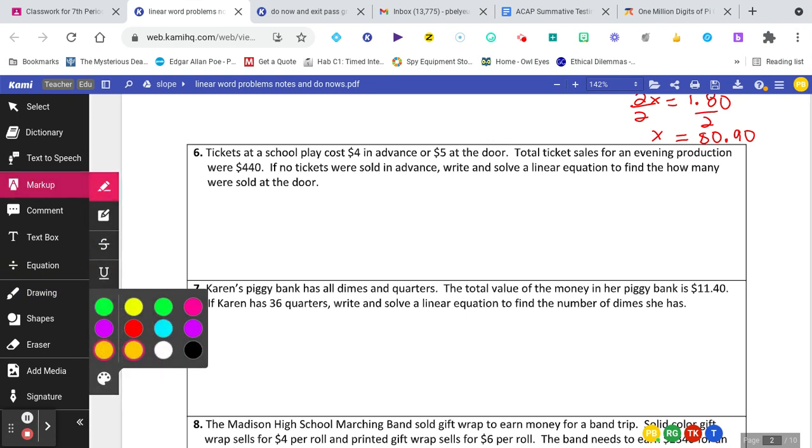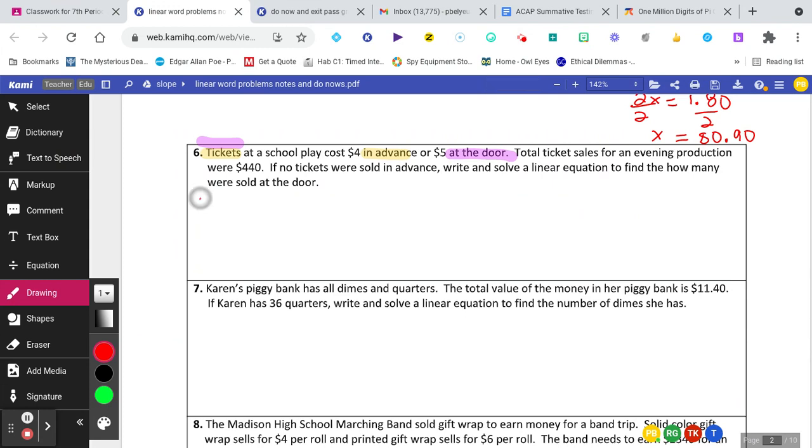So I already see I have thing 1, tickets sold in advance, and thing 2, tickets sold at the door. Okay? Those are my 2 things. So one is going to be X and one is going to be Y, but I have to write which one I'm going to let be which. You can decide which one you want to be which on your own, but you have to label it, okay?